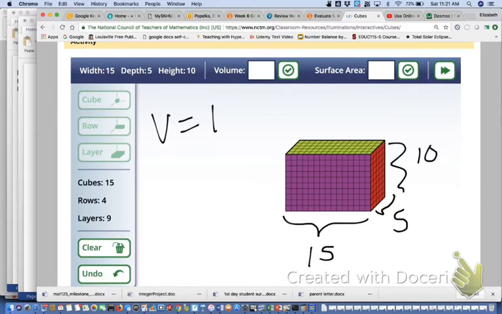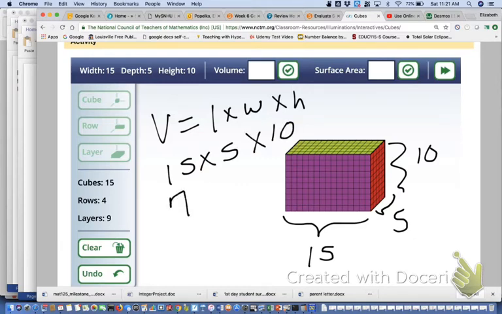So that's where the formula length times width times height comes from. So the 15 times 5 told me how many cubes were in the bottom layer, and then I needed 10 layers of cubes. So that was a total of 750 cubes. So let's just say this is inches, for example. So it'd be 750 cubic inches. So the volume of the box is 750 inches cubed.